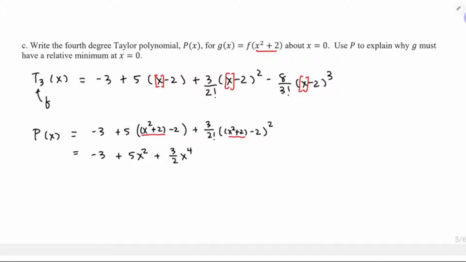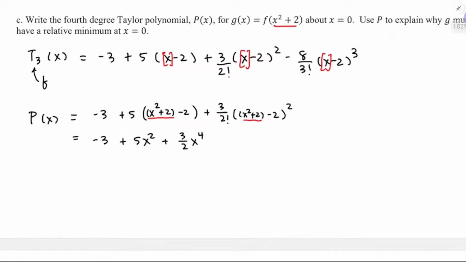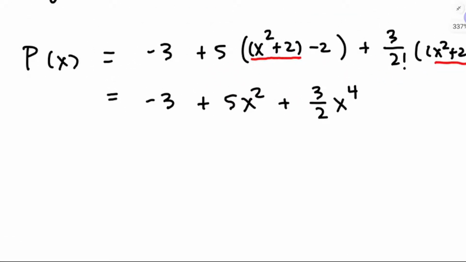Okay, so does g have a relative minimum at x equals 0? Yes, I see it. All right, so the lack of an x to the first term, 0x, I know that g prime of 0 equals 0, because this is a Maclaurin polynomial for g. And then when I see this positive 5x squared, I know that means g double prime is a positive number.